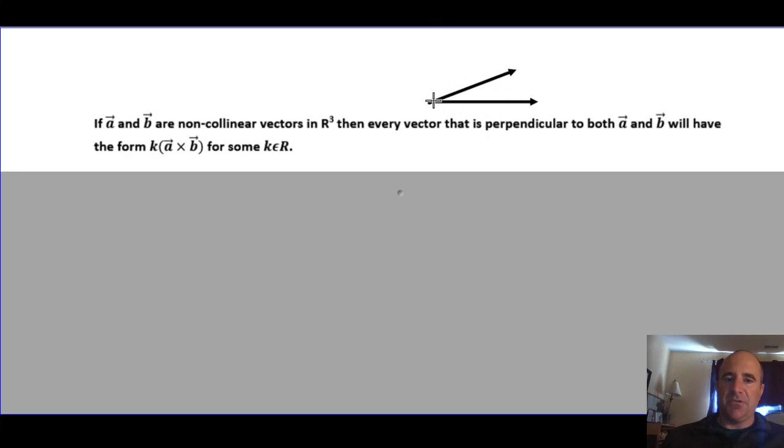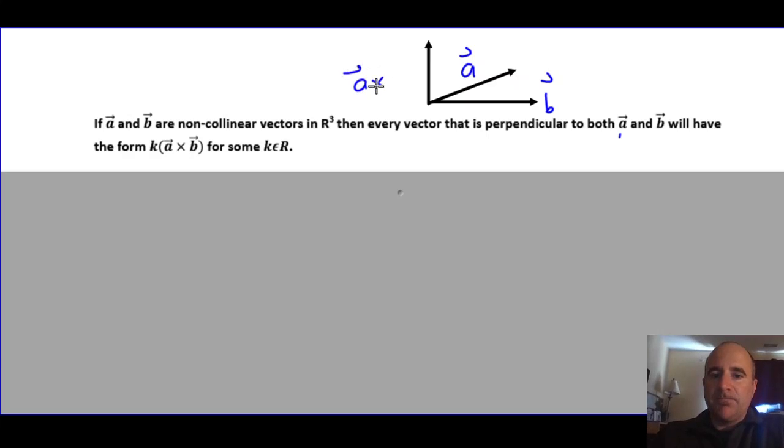So in this example, maybe the cross product is this vector right here. All the vectors perpendicular to a and b are collinear to this vector, or are some scalar multiple of that vector. It's all that is saying. You're going to get some multiple of the cross product. It's the only way to do it.